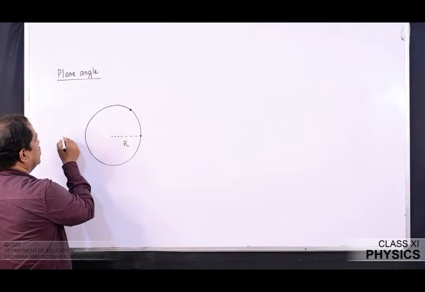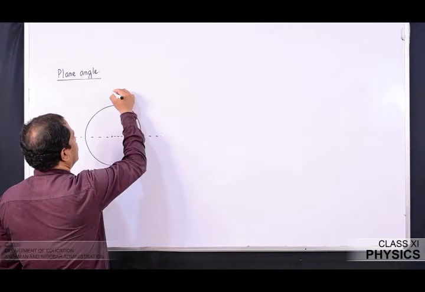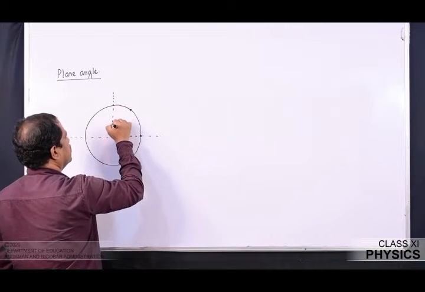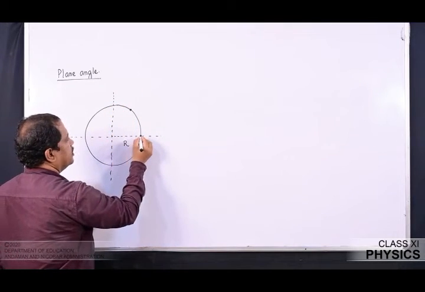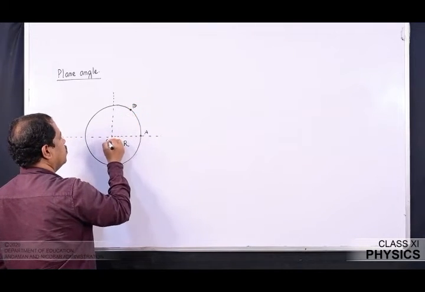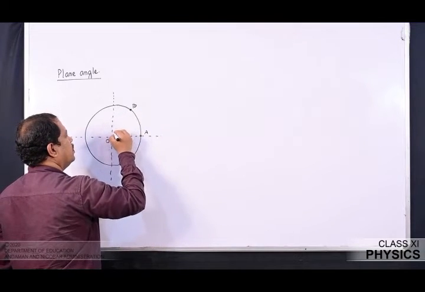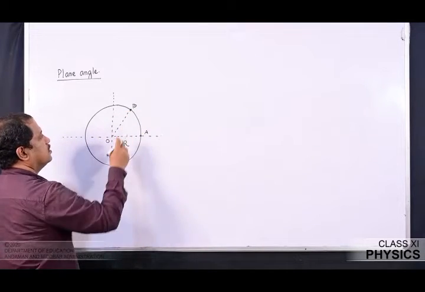Let us say this is an axis, and this is also an axis, and the point has moved from point A to point B, with O as the origin. So, when it moves to point B, this is the position.